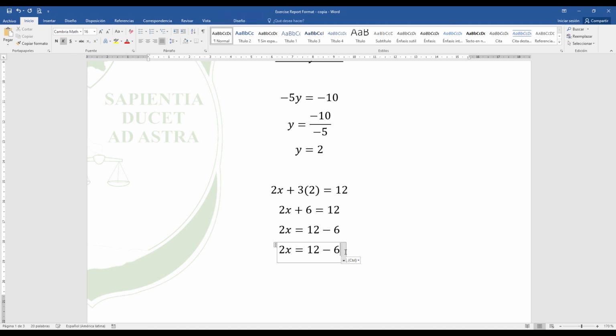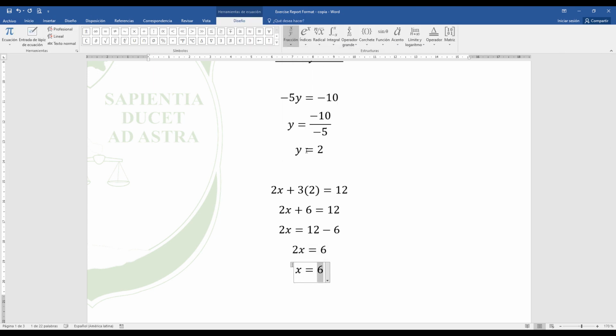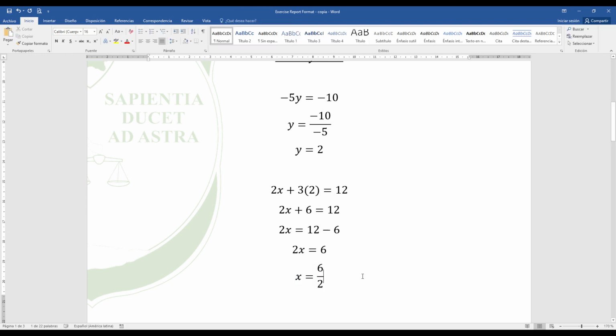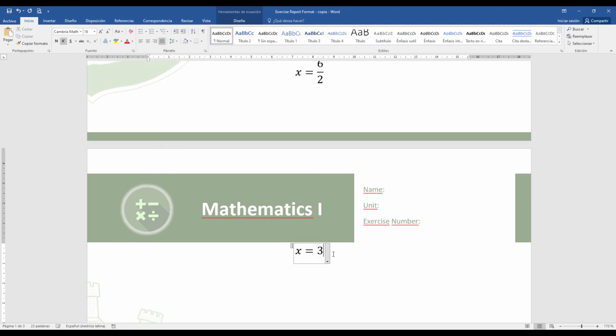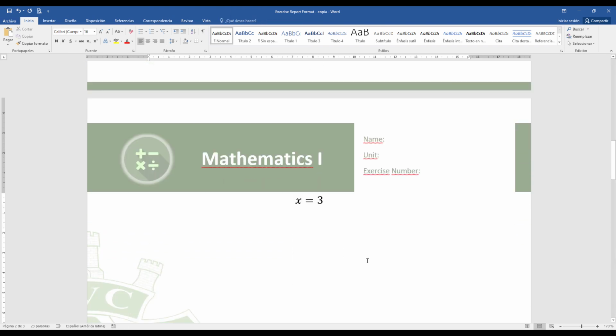This is 6 again, and that value needs to pass to the other side, dividing. This is 3. Now you only need to check if those values are correct.